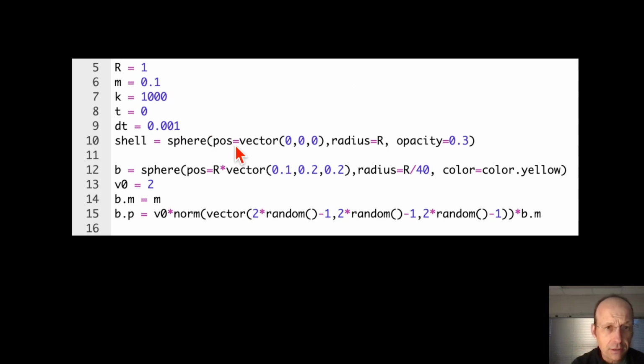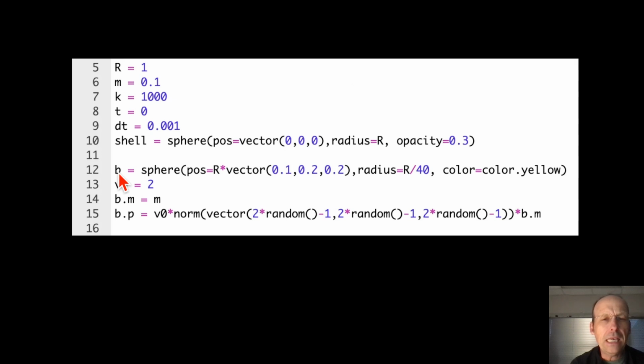The position, so I'm giving this sphere the position of the center of the sphere is at the vector 0, 0, 0, so at the origin, and then it has a radius, and then I'm making it transparent with this opacity equals 0.3. So opacity of 1 is solid. I just realized it's not a shell, it's actually a full sphere, but it works fine.